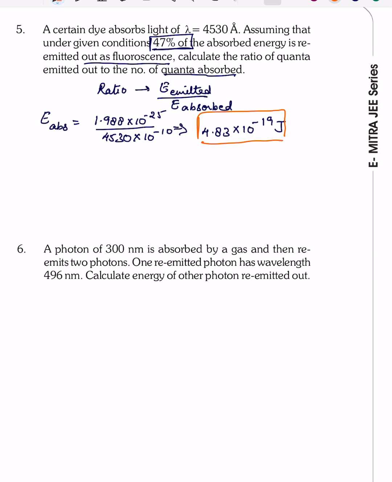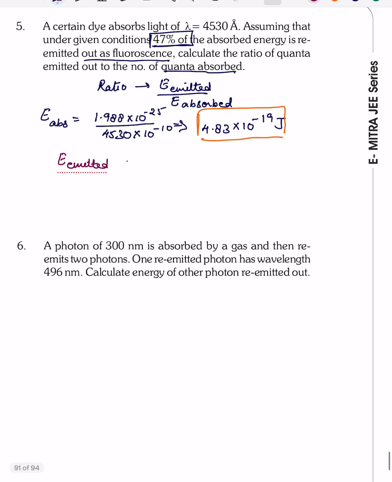Okay, let's calculate the energy that has been emitted. So that is 47% of this, meaning 47 by 100 into 4.83 into 10 to the power minus 19. This comes out to be 2.06 into 10 to the power minus 19 joule.